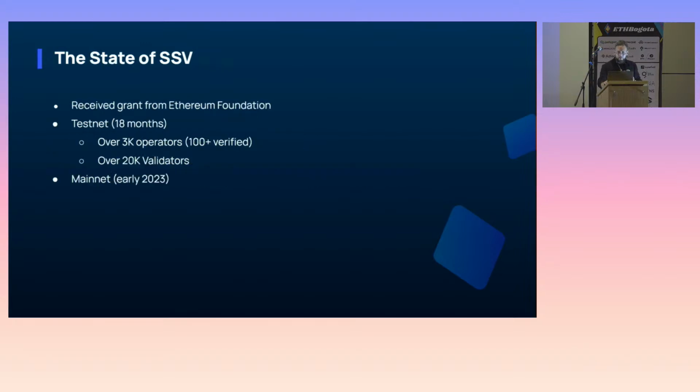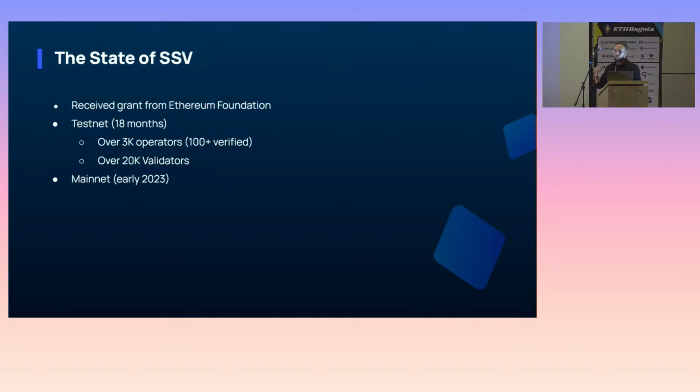So I want to talk a little bit about where we come from and where we are now. Well, it all started when we received a grant from Ethereum Foundation to build an SSV node. SSV was later termed as DVT, Distributed Validator Technology.